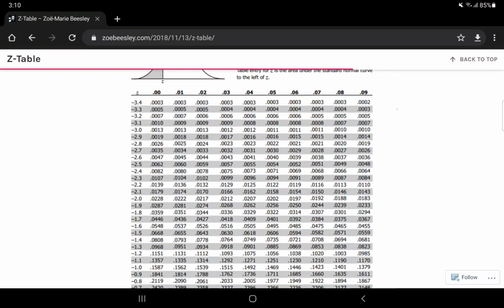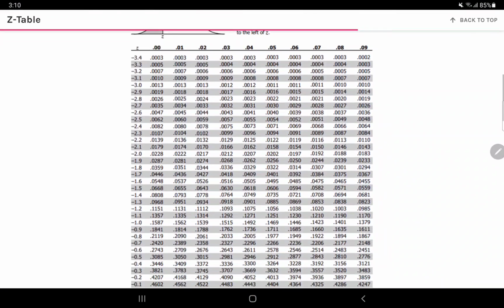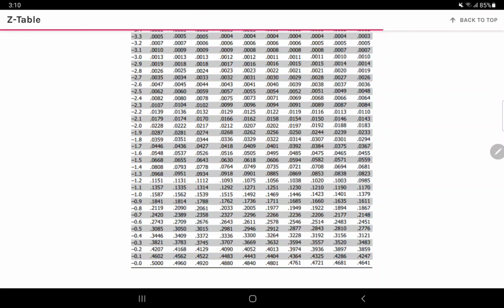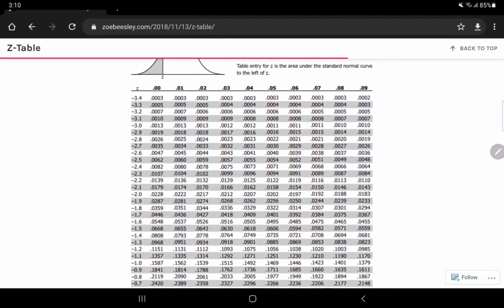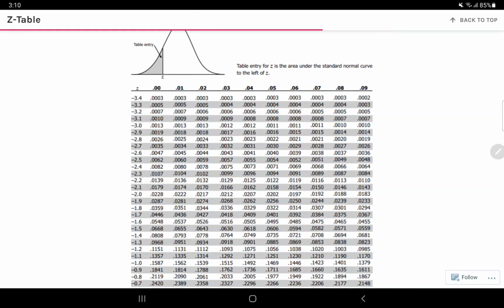Negative 1.3. So, nakikita nyo siya dyan. Tapos, 0.7.